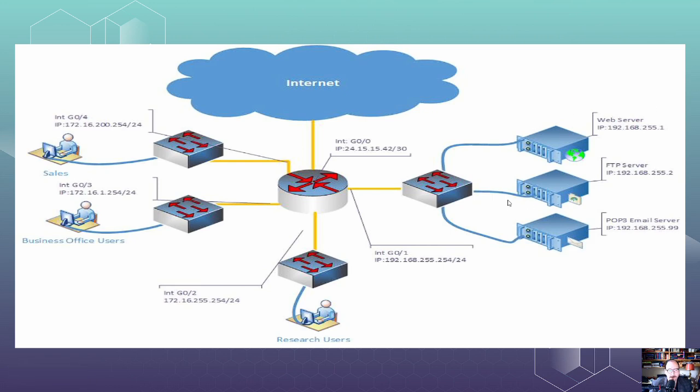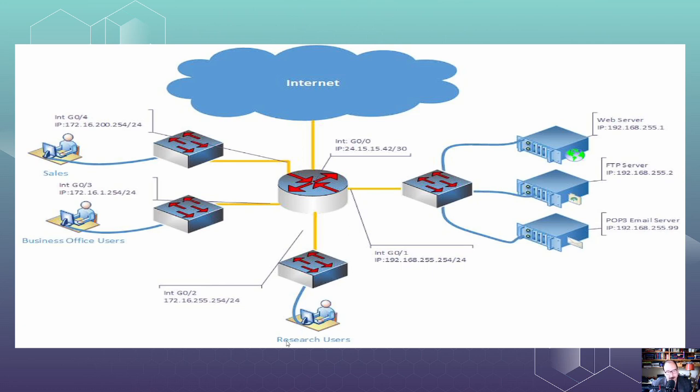If I wanted to block that and allow web access, say we want research users to go nowhere near our email server or FTP server, we could put it on this interface and simply block that traffic.